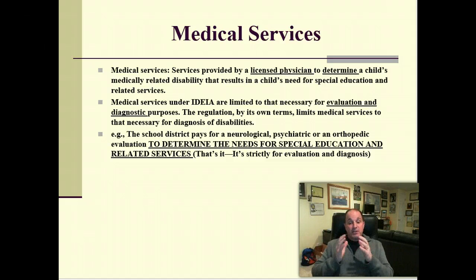So the school says, you know what, Mr. and Mrs. Jones, we have a concern that your child may be in need of special education and related services, and we think the child should get a neurological examination. The school district is going to pay for that examination. Or if the child needs a psychiatric evaluation to determine whether or not psychiatric medication or a psychiatric diagnosis is warranted. This is evaluation and diagnosis, and that is a medical service.